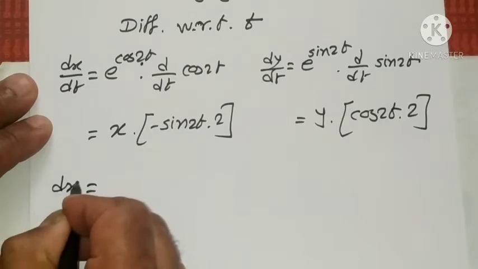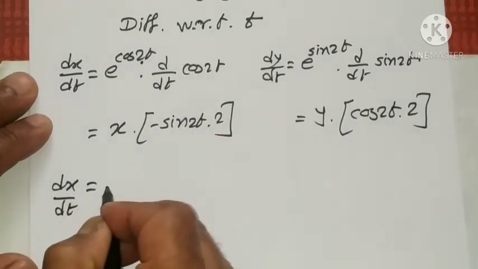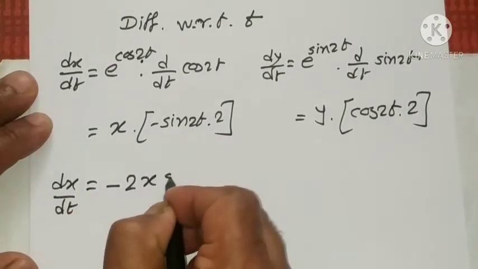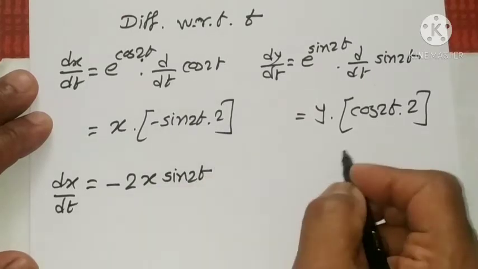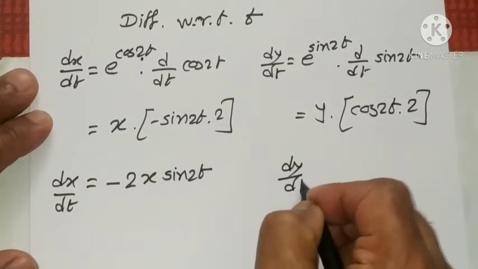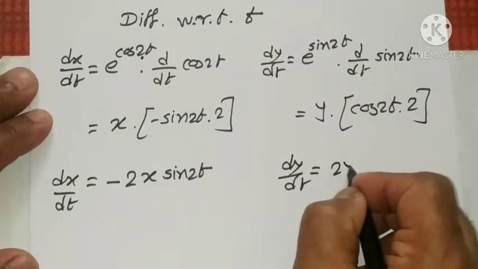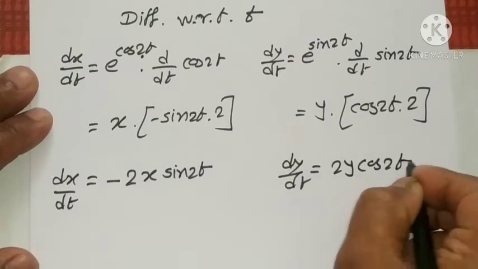Then dx upon dt is equals to minus 2x sin 2t and dy upon dt is equals to 2y cos 2t.